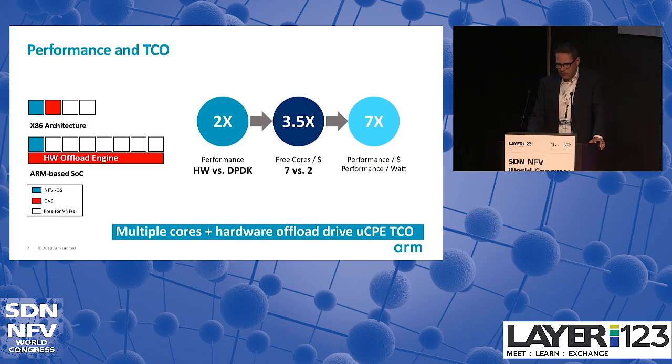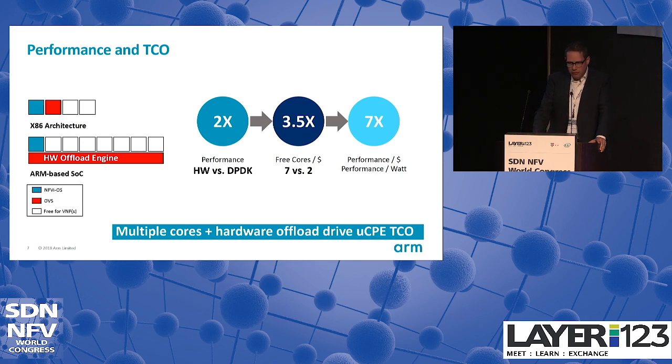And this becomes an advantage when we look at the cores necessary to run your universal CPE platform. What happens in a UCPE platform is that the NFVI itself generally monopolizes one of the cores, and you need another core dedicated to OVS DPDK. So in a 4-core box, that would leave you with 2 cores available for running VNFs, and that would greatly limit the number you could run.